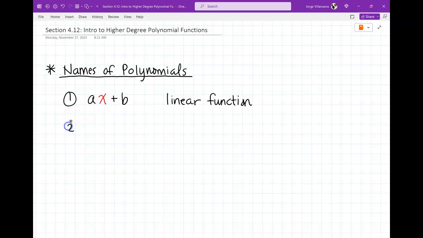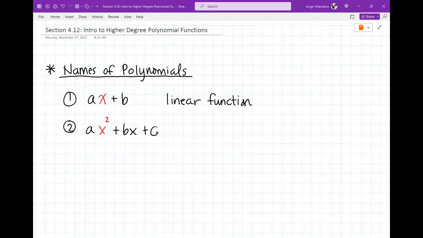Now second one right here. So a, and then if you have, say, like x squared plus bx plus c. Notice how I didn't change the second x, okay? Because I'm only looking at the highest power, okay?